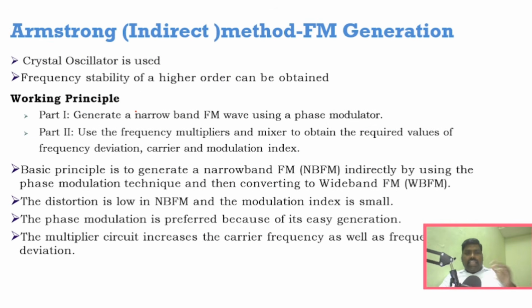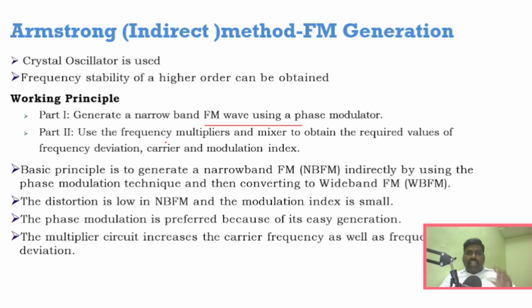So as I said before, the working principle of the Armstrong method is you have two parts. One is we have to generate a narrowband FM using a phase modulator, and then we have to convert that narrowband FM into a wideband FM by using different frequency multipliers, right?